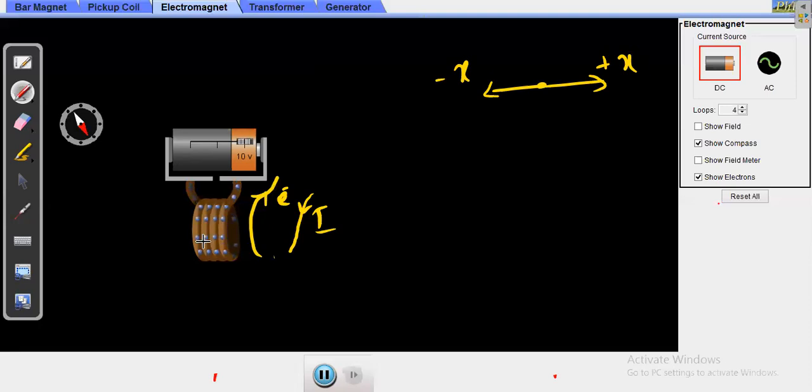Then keep your right hand in such a way that the curling of fingers shows the direction of current. Then in which direction will it give the magnetic field, positive x or negative x? Anybody? It is going to create the magnetic field, sir. In which direction will it be? That is my question. Positive x or negative x?